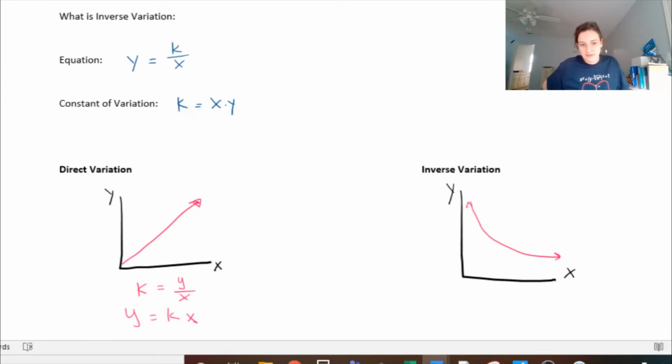Okay, so that's the two fundamental differences here, and you can remember it just by inverse opposites. So as one goes up, the other goes down. Okay, and we're going to look at some examples of this right now. All right, so your equation, y is equal to k over x, and k is equal to x times y.